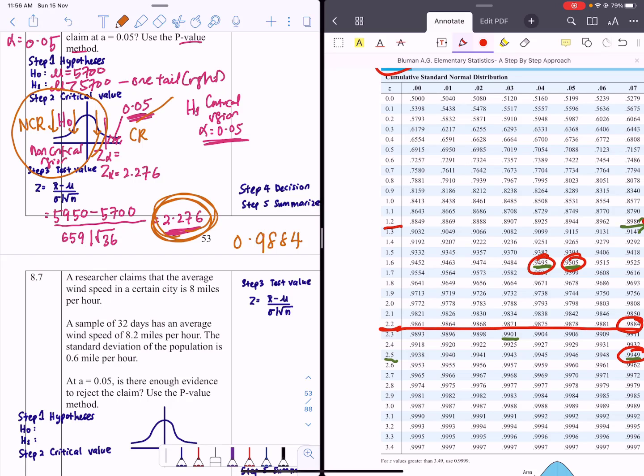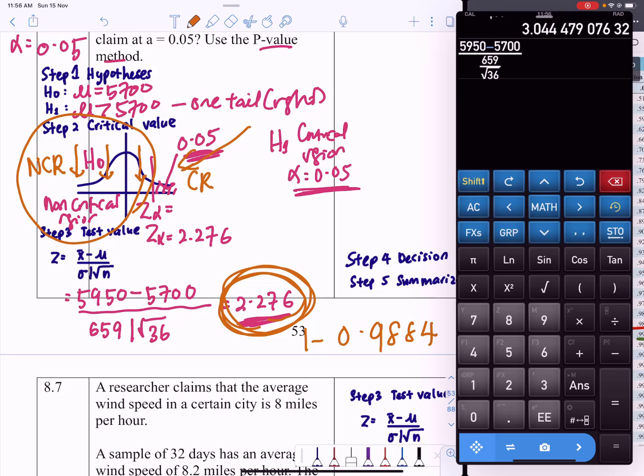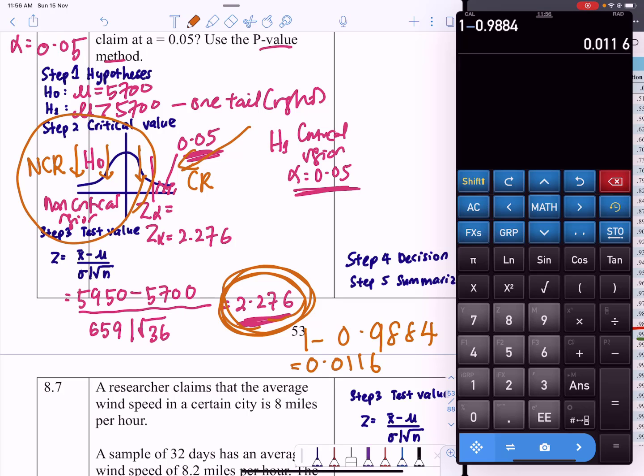We do not want this region, we want the other region, so we minus from 1. One minus 0.9884, the answer will be 0.0116.